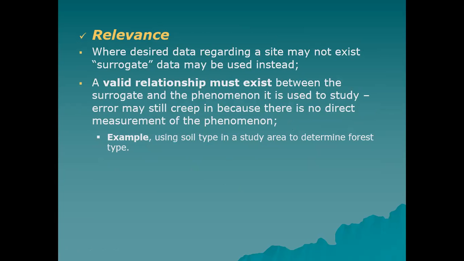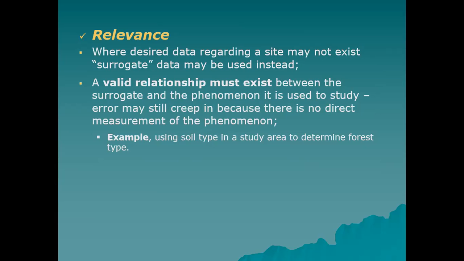Relevance. What do we mean by relevance in relation to data error? Where desired data regarding a site may not exist, because that happens too, surrogate or secondary data may be used instead. But if you're using alternate or surrogate data, you must have a valid relationship between the surrogate data and the particular phenomenon that you're studying.